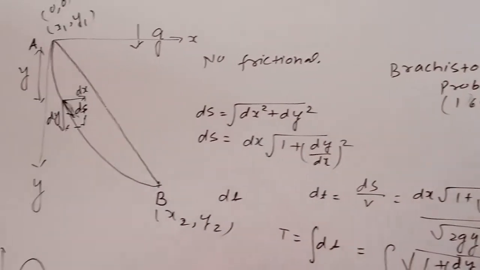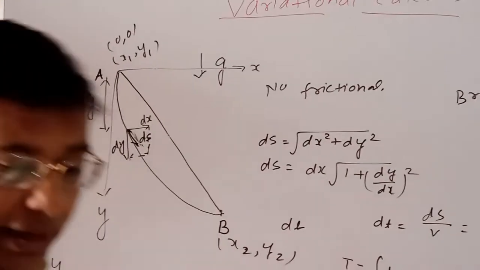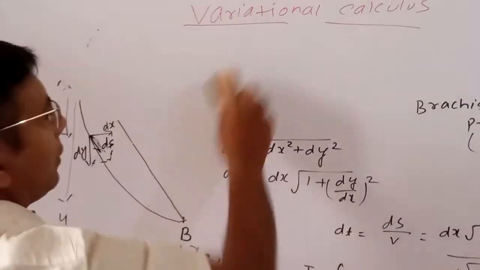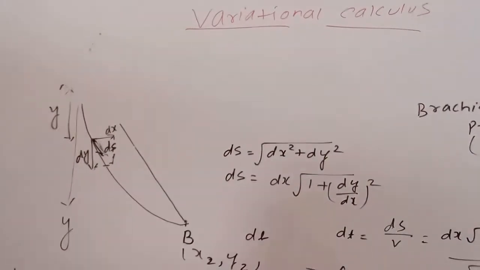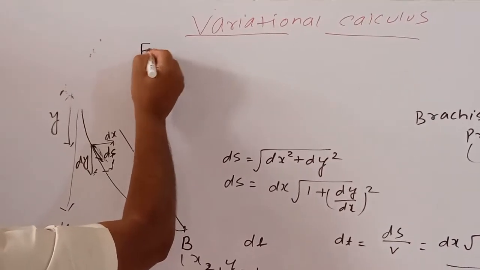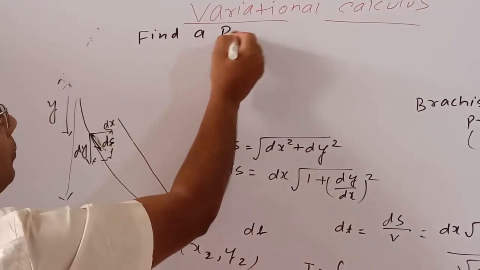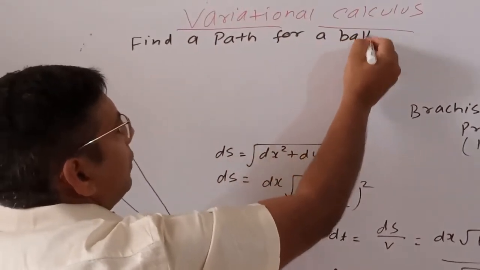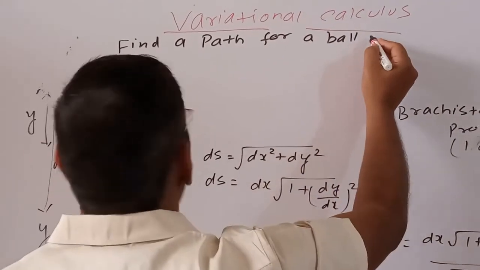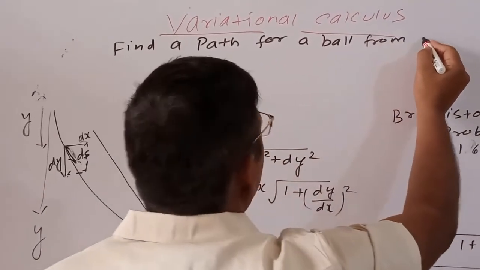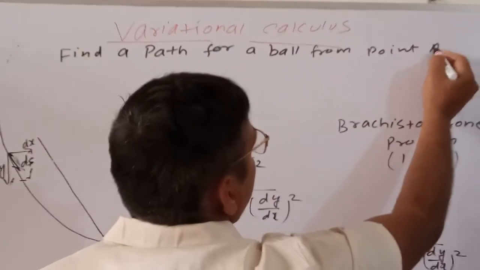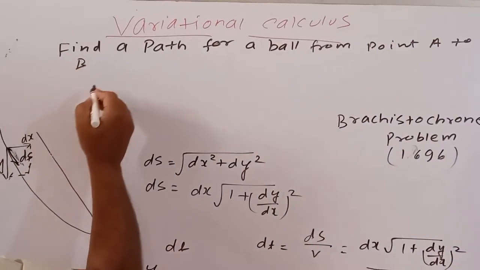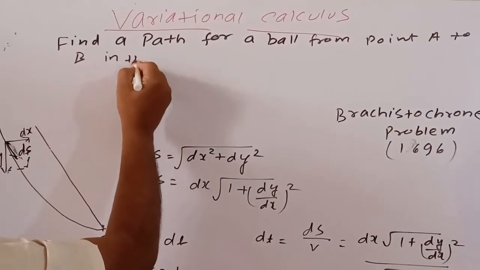The problem was: find the path for a ball from point A to point B in the same vertical plane.